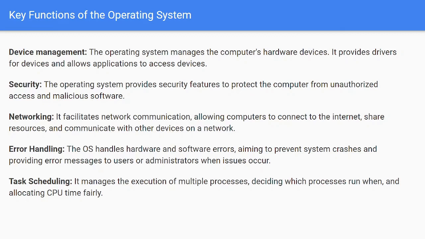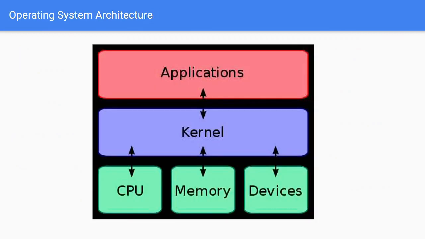Do you get? So the goal of task scheduling is that it allows different processes to run simultaneously so that it gives the illusion of multitasking. So as you are doing this, you can still do that. That's basically the function of an operating system.